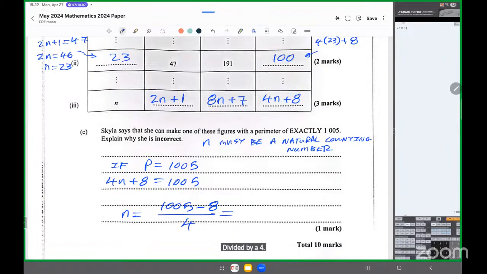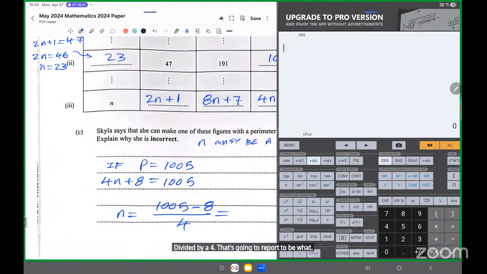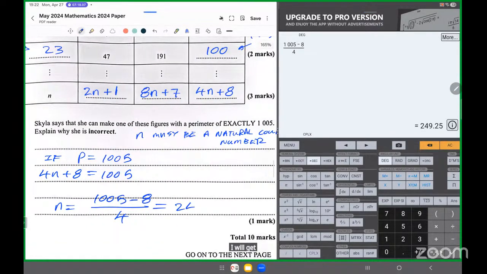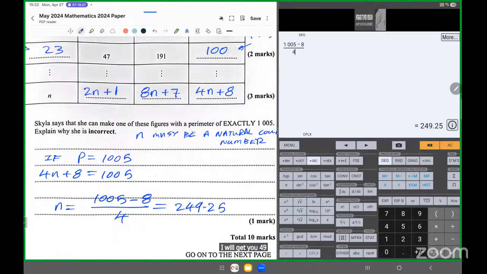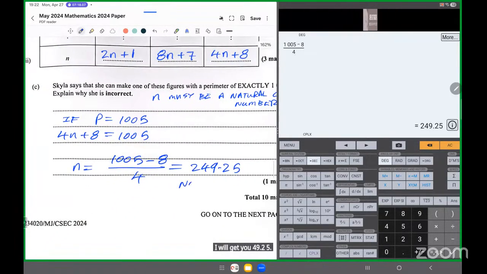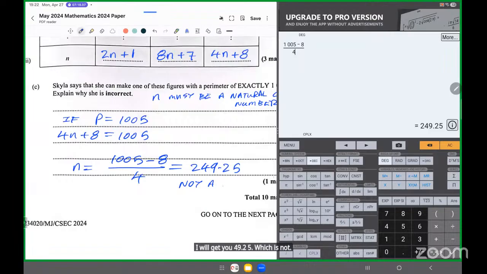That's going to work out to be what? It will be 1005 minus 8 over 4. I will get 249.25, which is not a counting number.